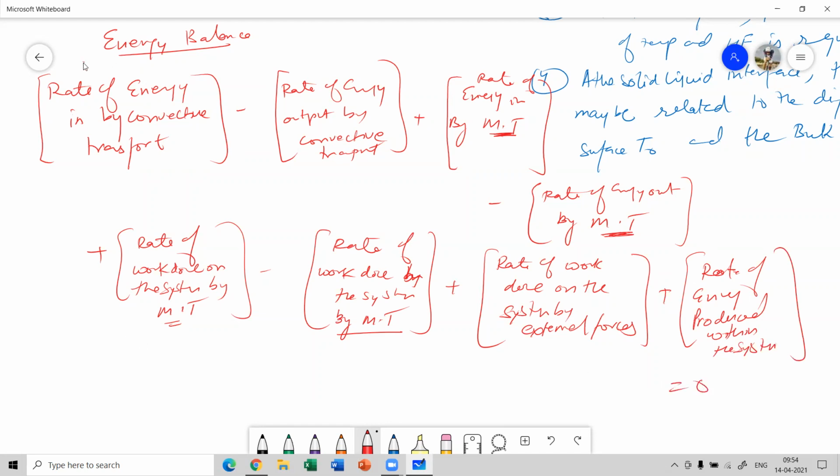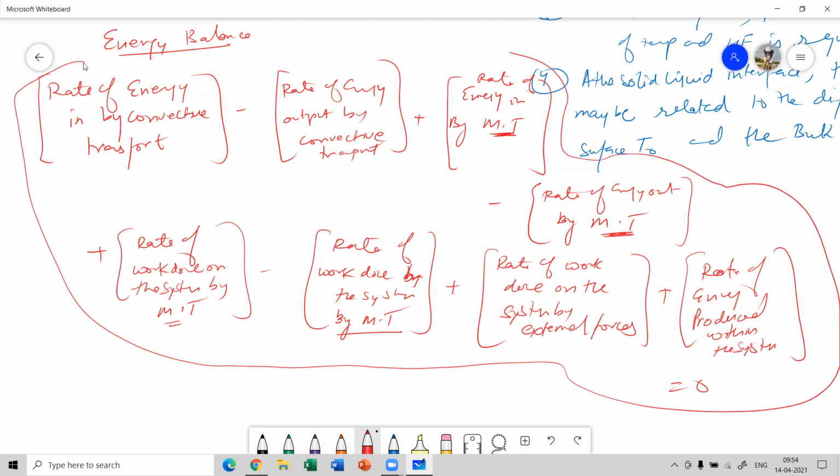So when we talk about the thermal part, we'll be considering all these types of energies. First is because of the convective nature, second is because of the molecular nature, and third is because of the fluid which is entering into the system and which is exiting the system. That is, if it is an open system, when the fluid is entering, it is bringing some energy, and when it is leaving, it is taking out some energy.